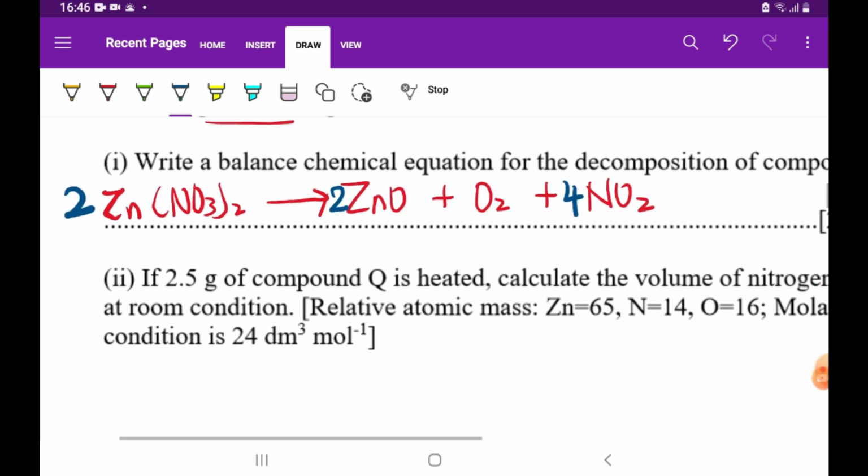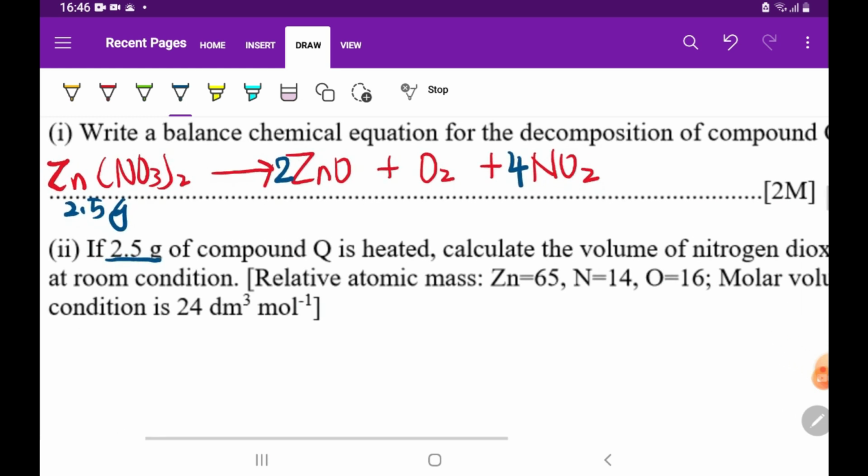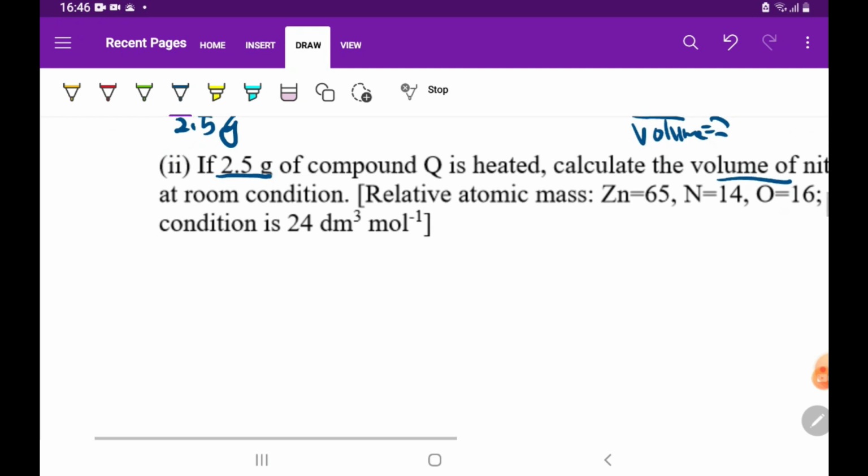Okay, now if 2.5 gram of compound Q, so meaning that here is 2.5 gram. Okay, calculate the volume of nitrogen dioxide. So what is the volume? So first, we must calculate the number of mole.